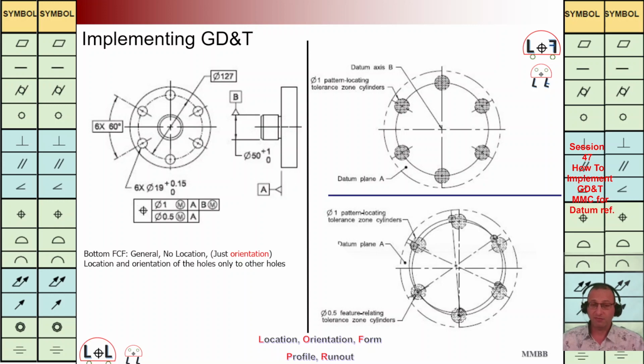The gauge has a fixed hole diameter of 51 because we have the modifier maximum material condition here for B. It means for any other diameter of this part between 50 and 51, we have the possibility to move this component, to shift it. That's why we always say this modifier for a reference plane or axis is going to make more shift.